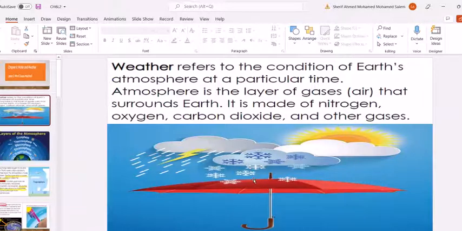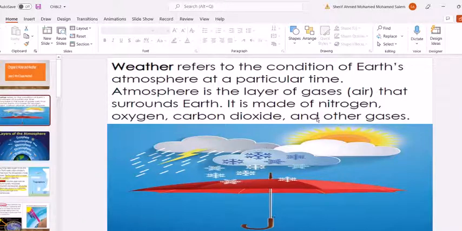So weather always changes from place to place, from day to day, from season to season. So what is weather? The weather refers to the condition of the Earth's atmosphere at a particular time.